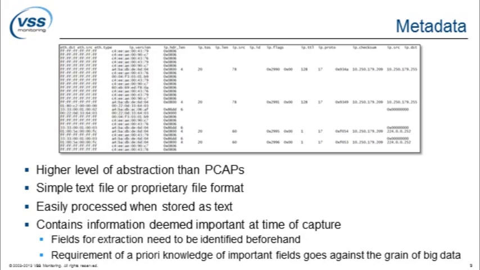Now, metadata can be used in this instance because you can look at specifically the port number, which would be 53, and the size of the packets, and you can start processing the metadata and look at all the port 53 packets which were larger than a certain size, or larger than the normal baseline. So for example, if your network has normally seen 100 byte DNS packets and suddenly you're seeing 1500 byte packets, then that's probably indicative of a problem on your network.